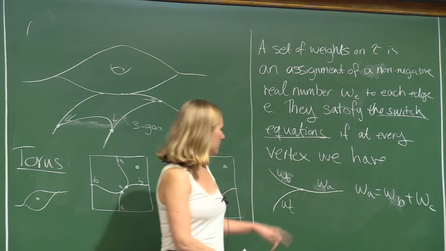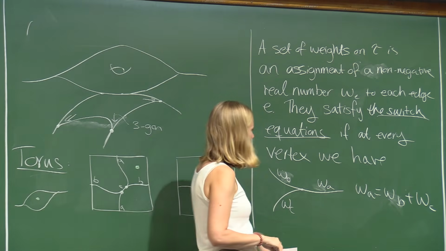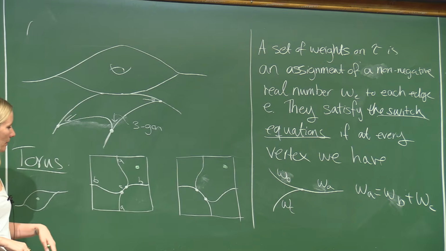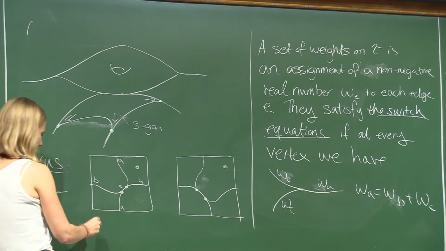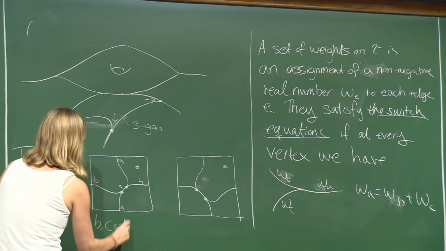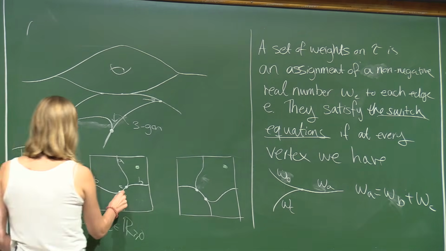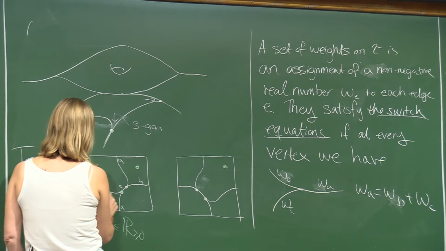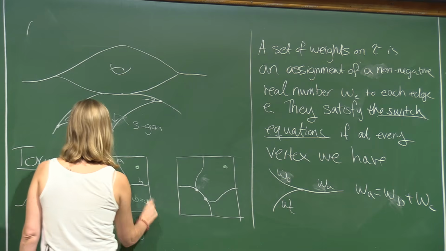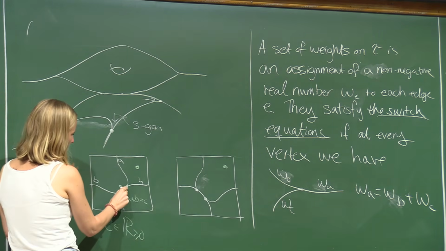So in our case, they're all going to be trivalent, but in general, you could have more, but it's satisfied. So in our torus, if these were weights, if A, B, and C are non-negative real numbers, then what we get at this vertex is that A plus B has to equal C. And on this vertex, we get the same equation.